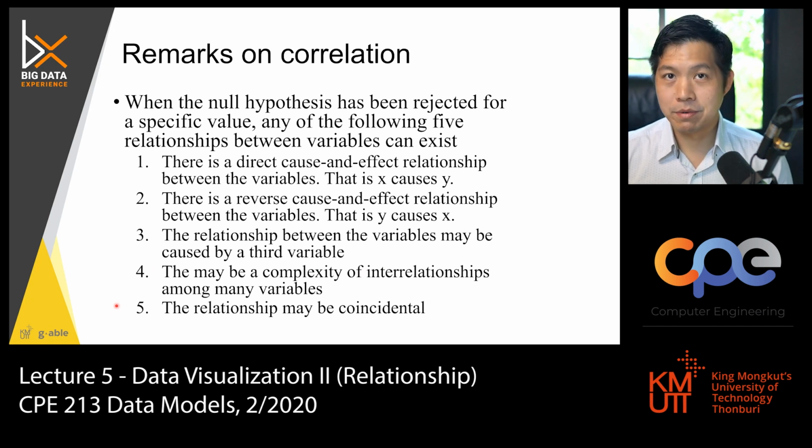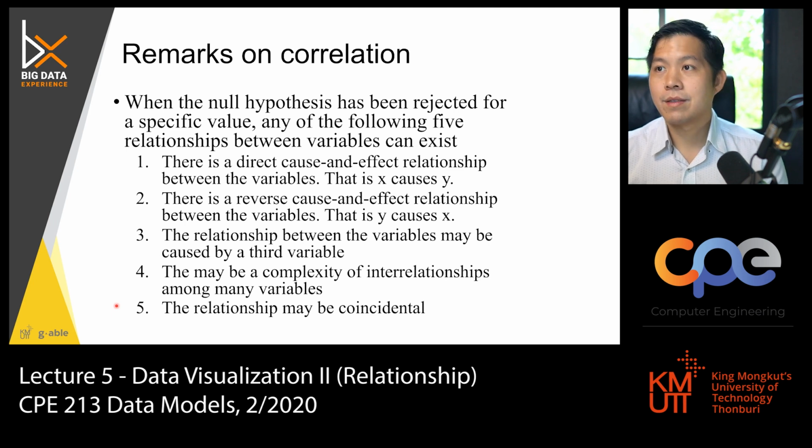It is possible that your experiment shows they are related, but in fact it is just chance, because when another author repeats your work, it might not be the same. So these are the possible explanations. Keep that in mind.